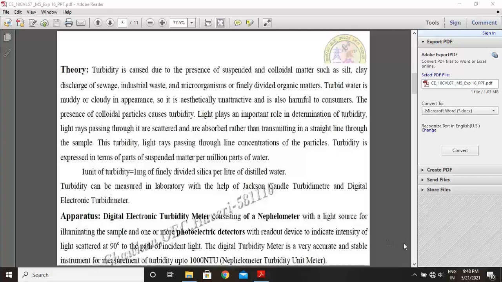The digital turbidity meter is a very accurate and stable instrument for measurement of turbidity up to 1000 NTU, that is nephelometric turbidity units.